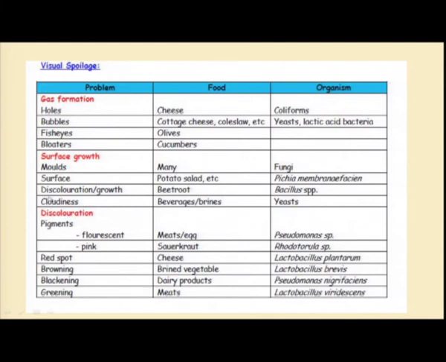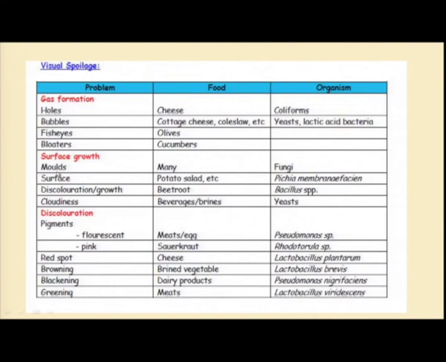In beverages, a clear solution will turn either cloudy or turbid, indicating that organisms are growing there. Then pigments: you will see discoloration. Either the pigment will get denatured or it will change to a different color, which indicates spoilage. For example, fluorescent pink dots. In the case of cheese, you will have red spots.